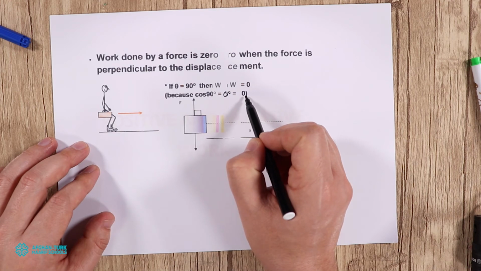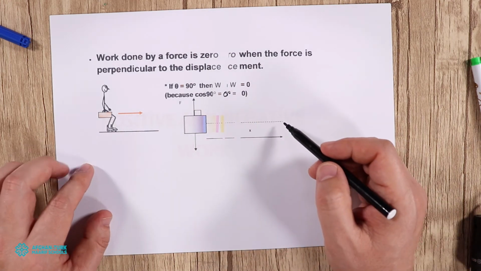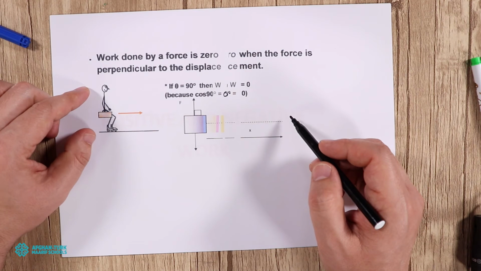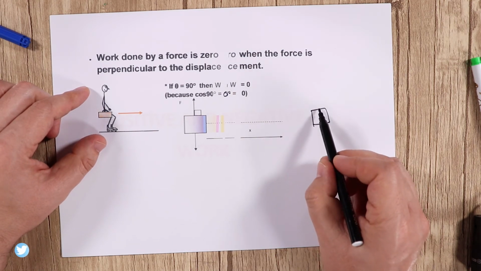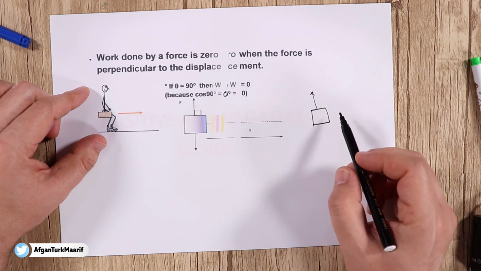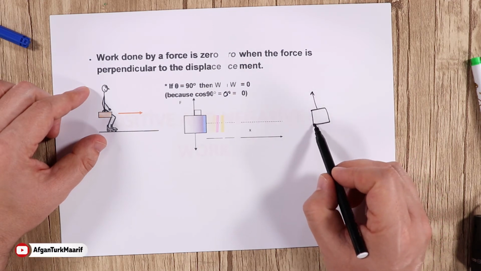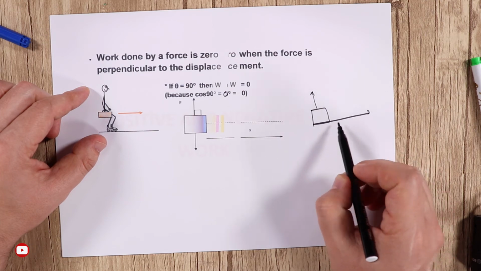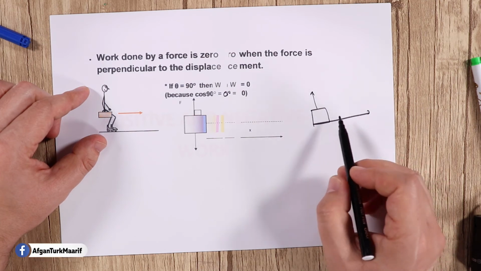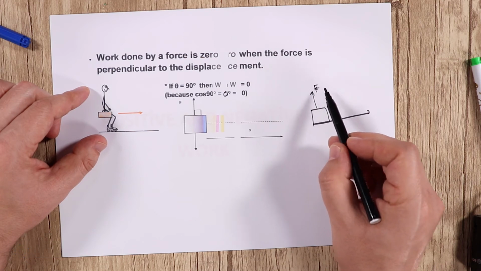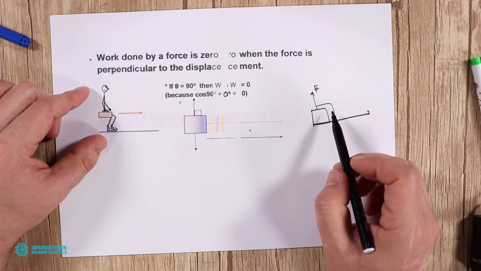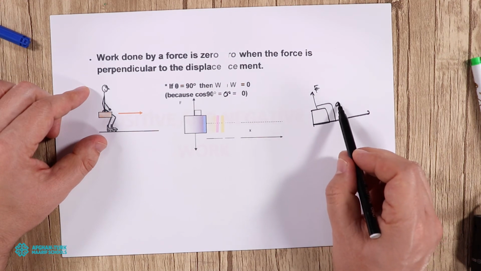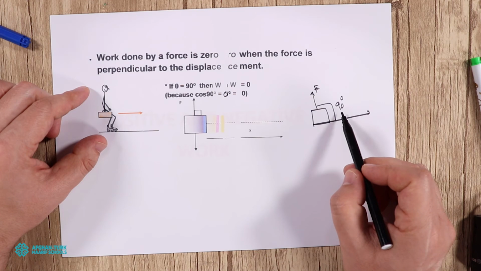Let's suppose we apply force on some object upward, but the object is displaced in this direction. In this case the force is perpendicular to the displacement, and the angle is 90 degrees.